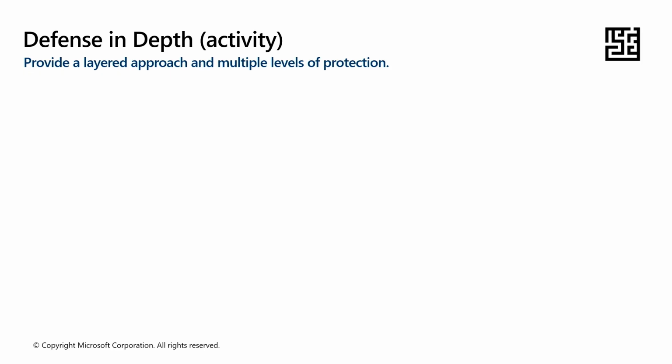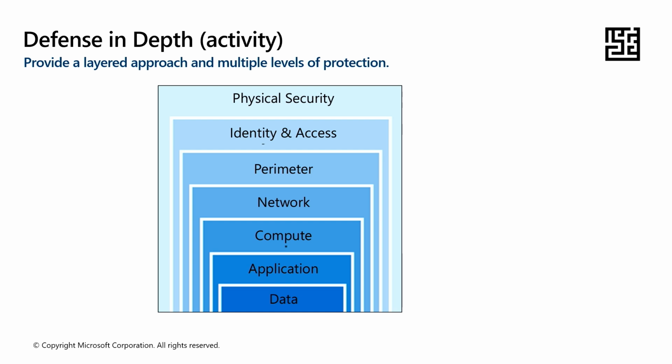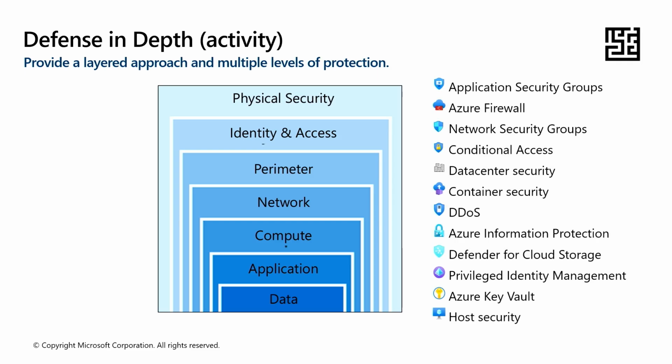All right, quick activity mode. We will look at the layers: the physical security, identity and access, the perimeter, the network, compute, application, and data, and try to match the Azure service that is the best fit for securing that layer. This is only a partial list.